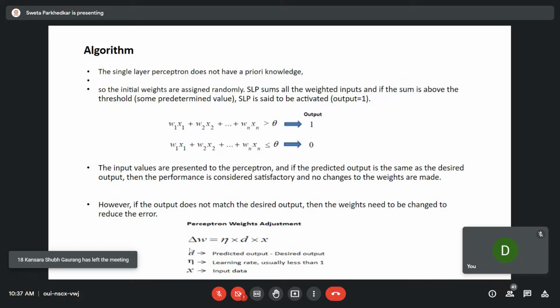That is delta W, which equals zeta times D times X. Zeta is the learning rate, usually less than 1, D is the predicted output and X is the input data. Okay, so the input data is needed, the learning rate is needed, that is usually less than 1, and D is your predicted output.